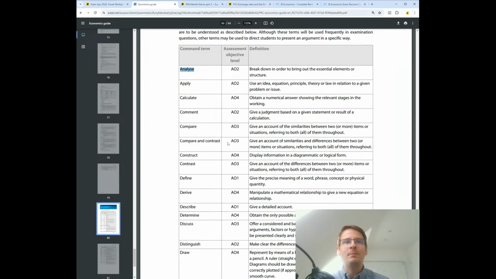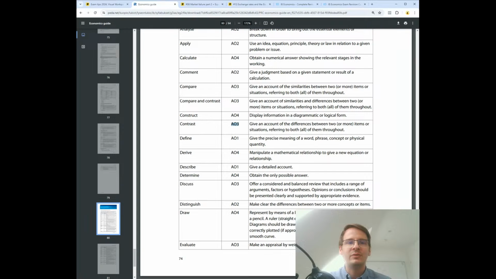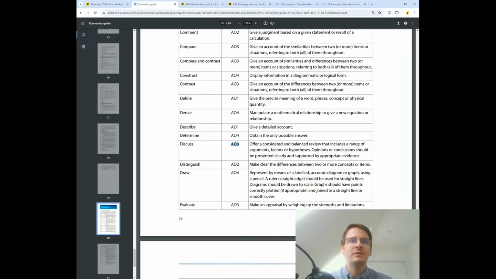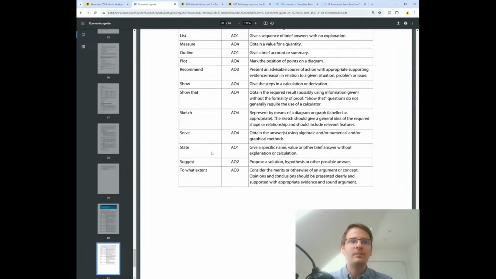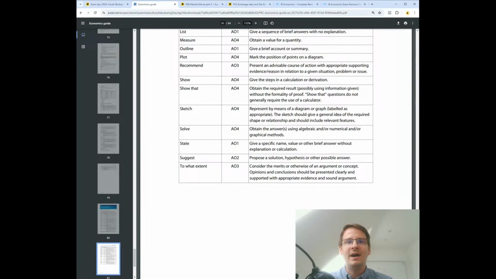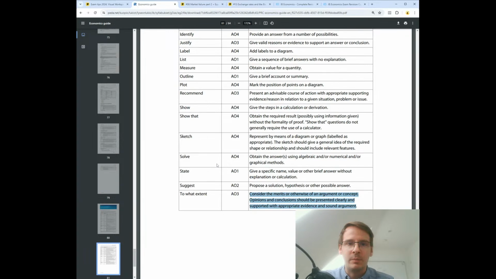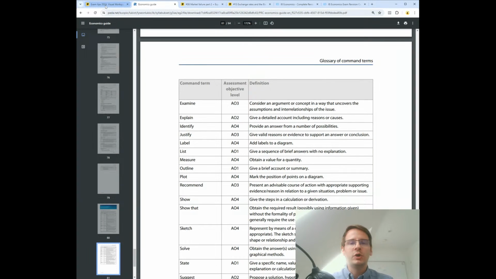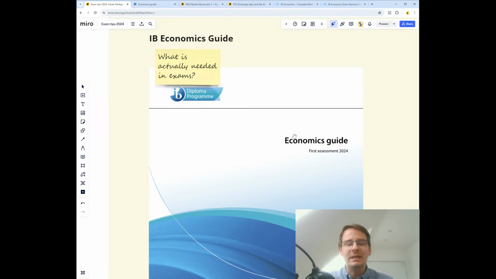So again, back to the assessment objective 3 questions, especially the word discuss or evaluate, or to what extent, the IB is giving you what they are expecting from you if the question is phrased with these common terms. So the number one document to go to is the IB Economics Guide.